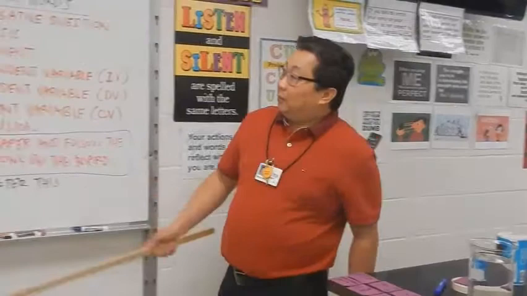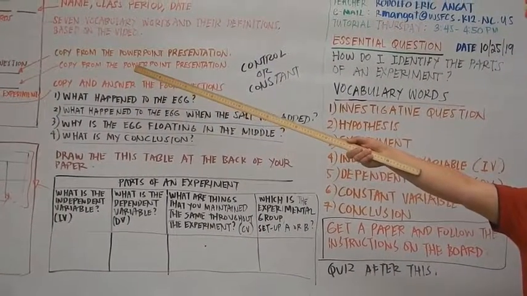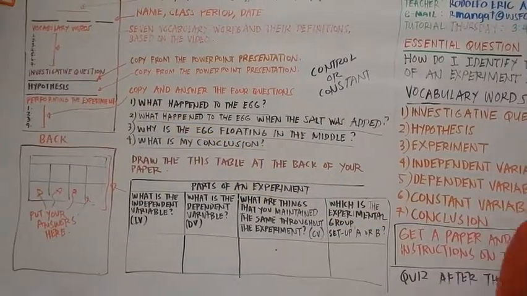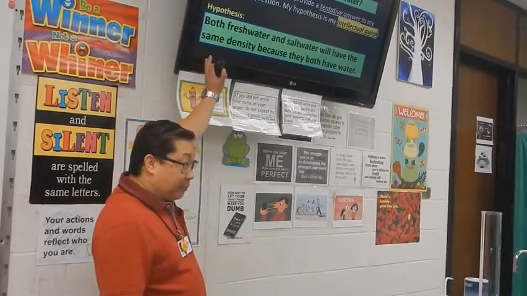Now, you can now answer what is your investigative question and what is your hypothesis. Of course, we all have different hypotheses, but as of now, let's have this hypothesis and let us try to validate if it is correct or not.